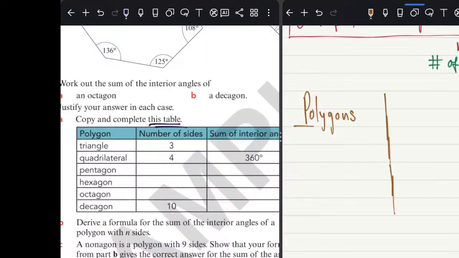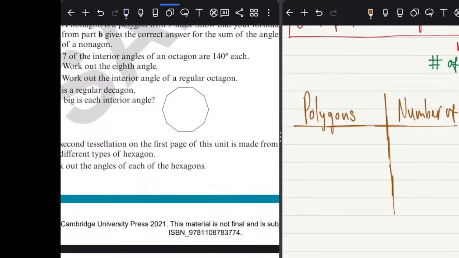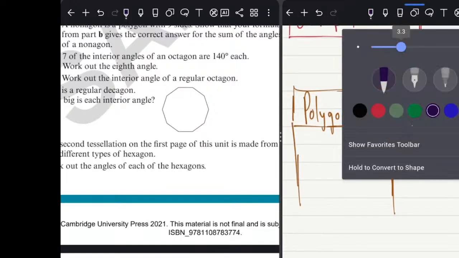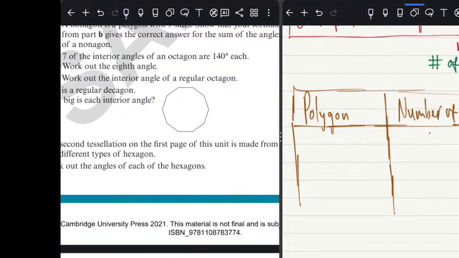So here I'll ask you the polygon, then we'll say the number of sides. What is the polygon? The shape. Then we'll talk about the number of sides. Let's start with number of sides. If it has 3 sides, it's called a triangle.